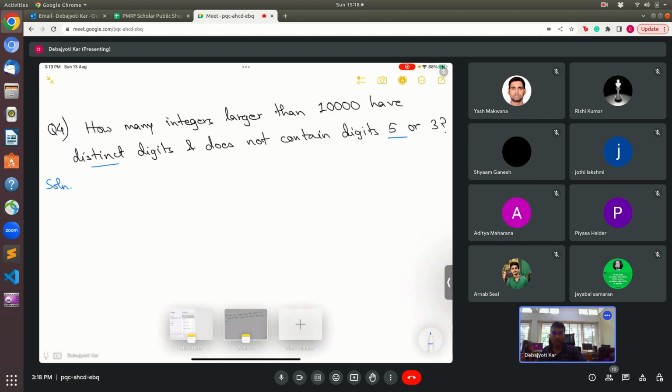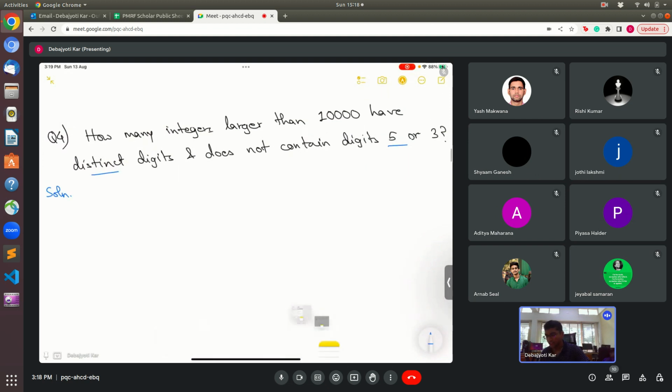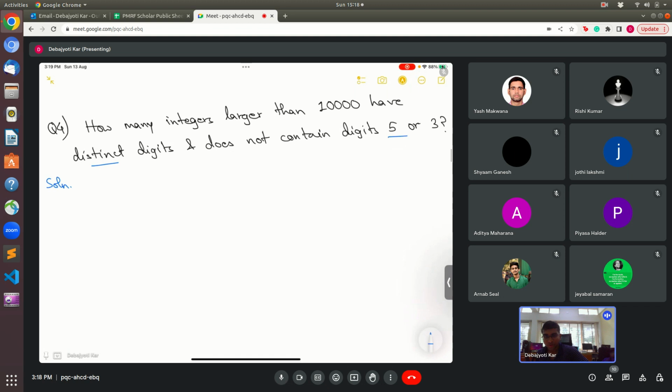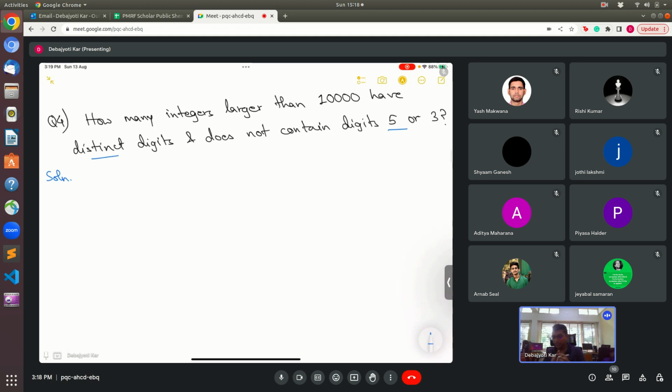Okay. Yeah, as I was saying, we have to count the number of integers larger than 10,000 which have distinct digits, and it should not contain 5 and 3. Since the number has to be larger than 10,000, it must be at least a 5-digit number. That is one condition.